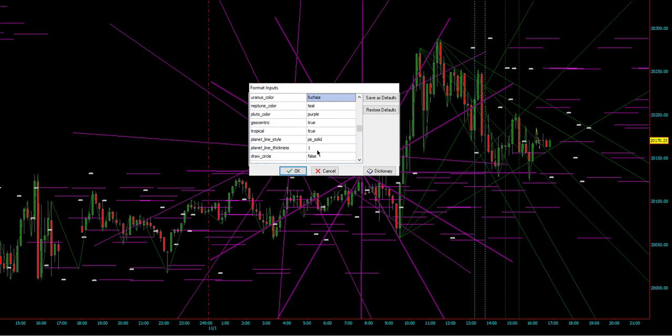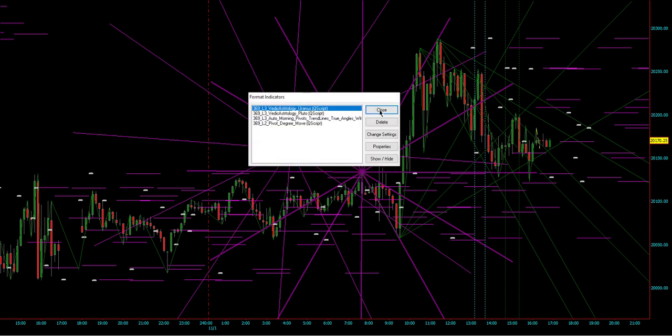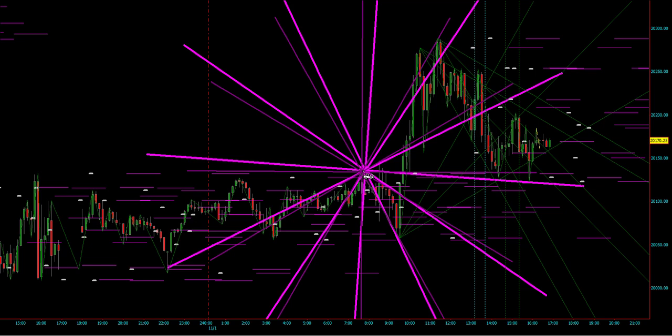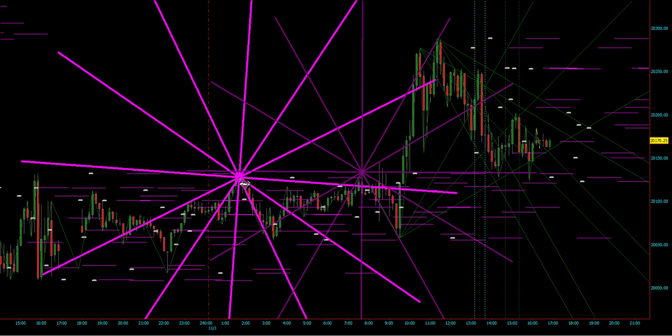Planet thickness. All right, you can change the color also, not a problem. So now, see this one, there's a difference between the two. Okay, so what are we doing next with this guy?